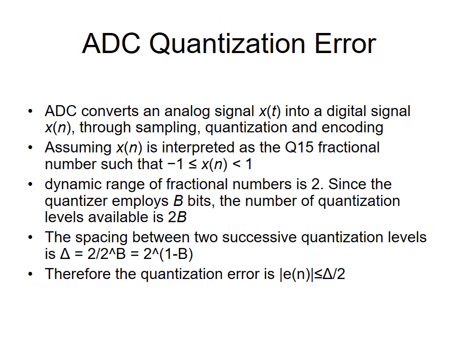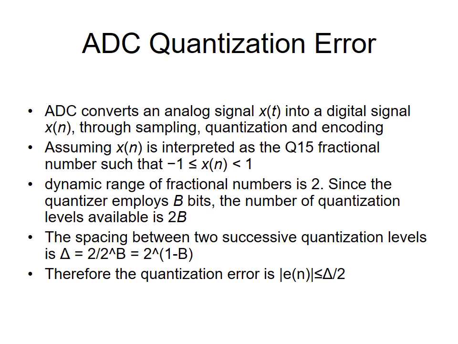Next, ADC quantization error. The ADC will convert an analog signal x(t) into a digital signal x(n) through sampling, quantization and encoding. Assume x(n) is interpreted as a fractional number such that -1 <= x(n) < 1. So the dynamic range of the fractional number is 2.